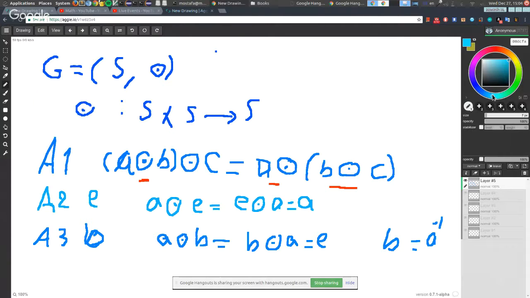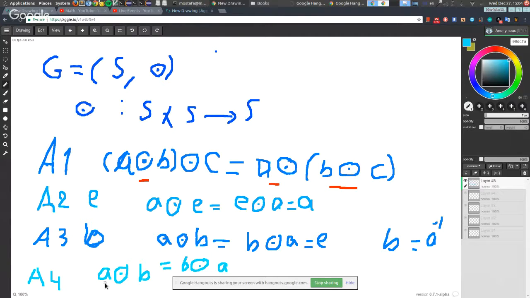And there's a fourth axiom. You can actually use these three only, or there's a fourth one that, if it's there, we call it an abelian group. This is the commutative axiom. It means that we can switch the order of the operands when we are using the operator.